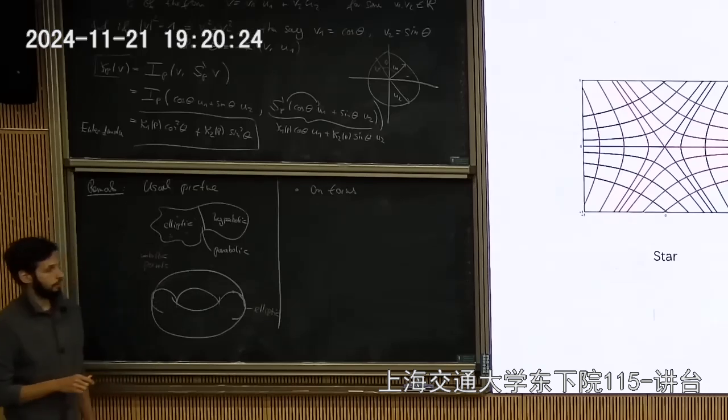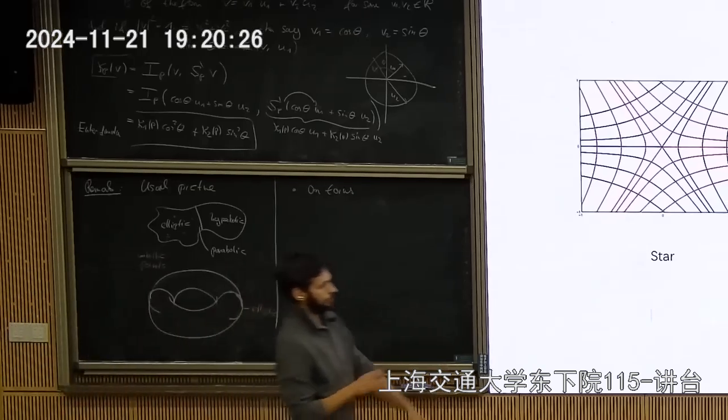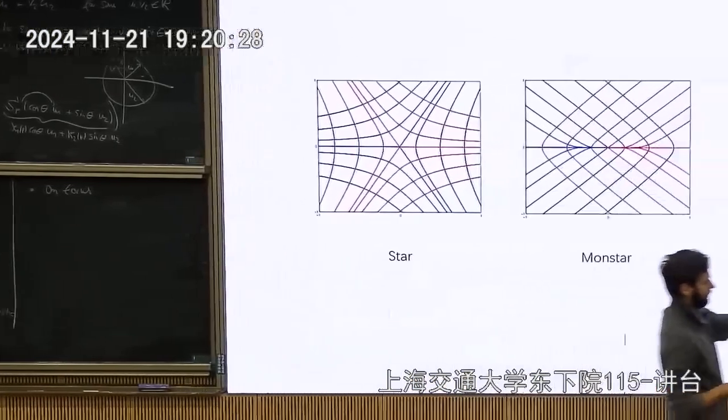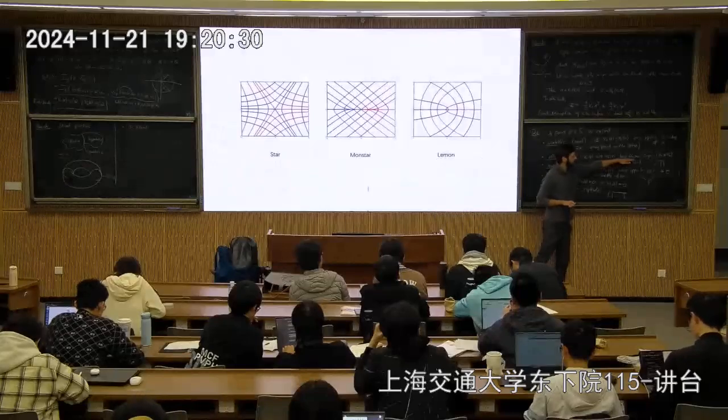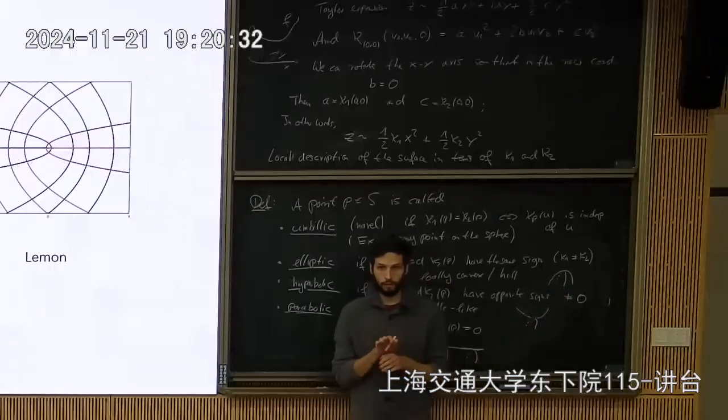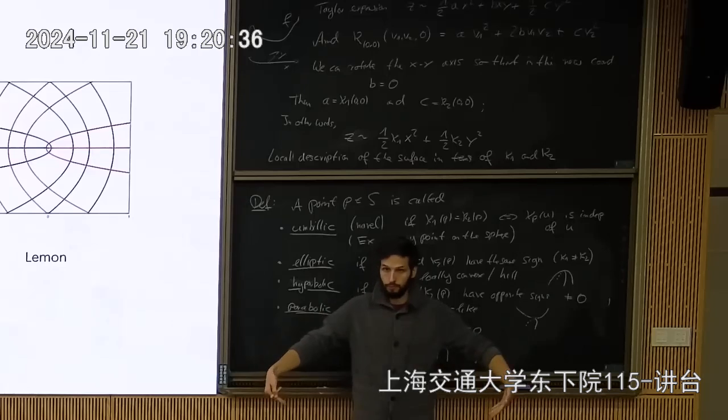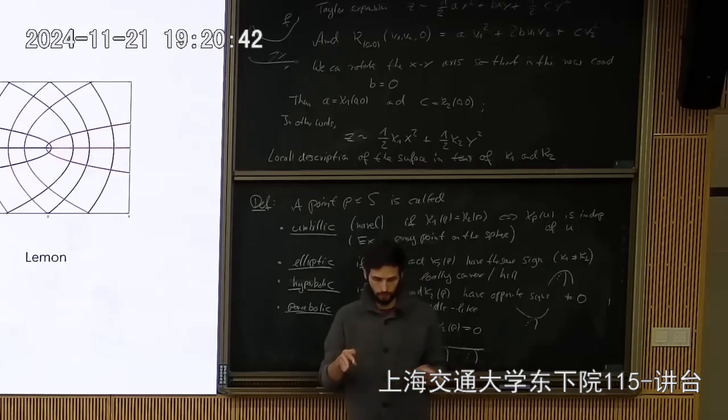What we have to see here is that the elliptic points are the ones where the curvatures have the same sign, so it looks like a hill. If you go in this direction you fall, and in these sides you also fall. You can imagine being on a ridge on a mountain, where you fall in this direction and you fall in this direction.